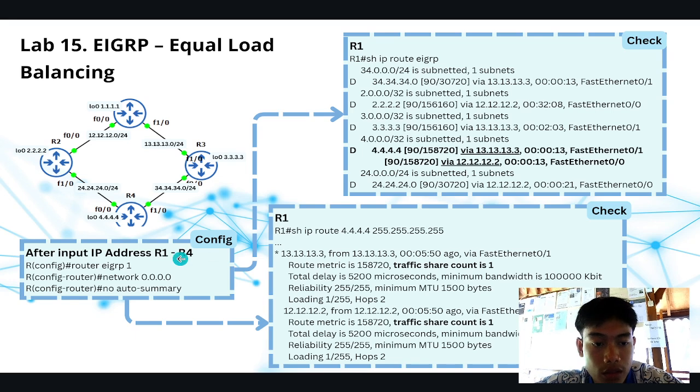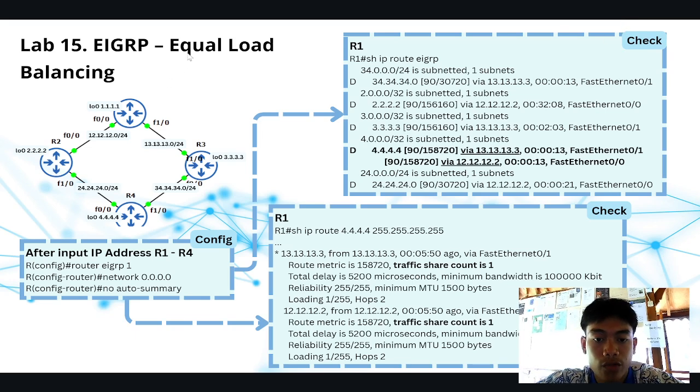Router 1 has connections to router 2 and router 3, and router 4. Router EIGRP 1, network 0.0.0.0, no auto-summary. This enables EIGRP on all connected networks and disables automatic summarization. And then the routing table on router 1.